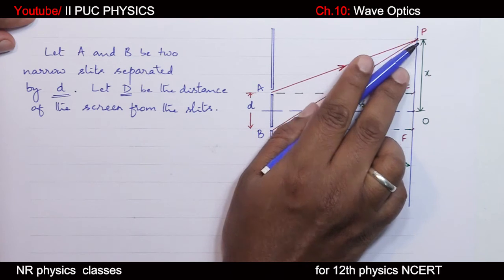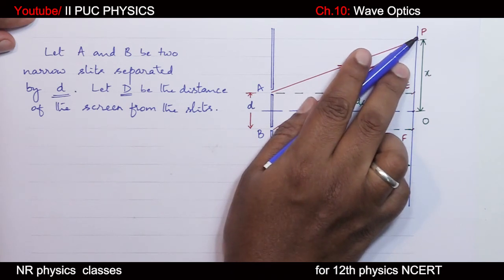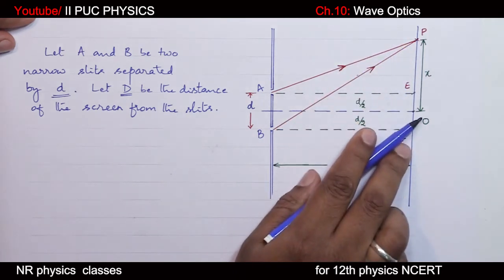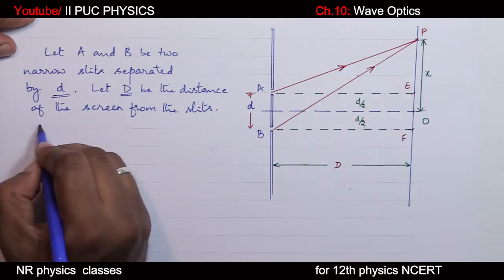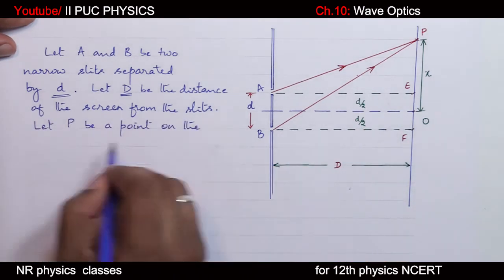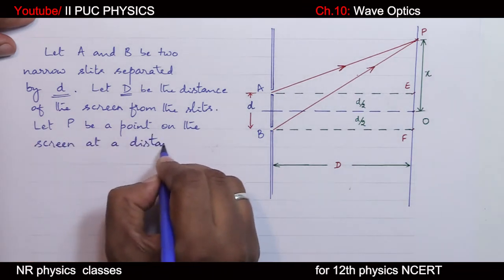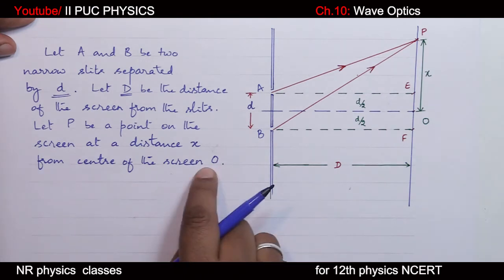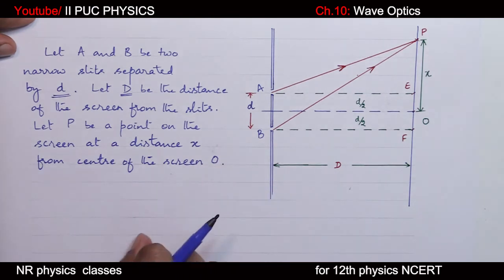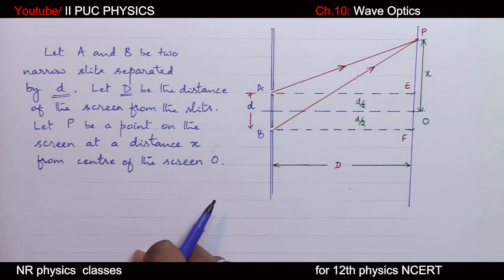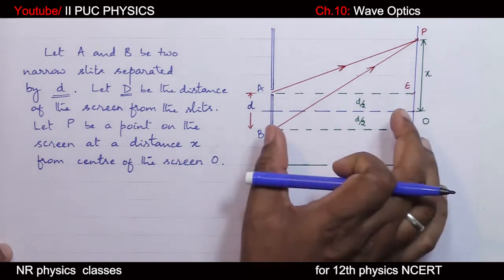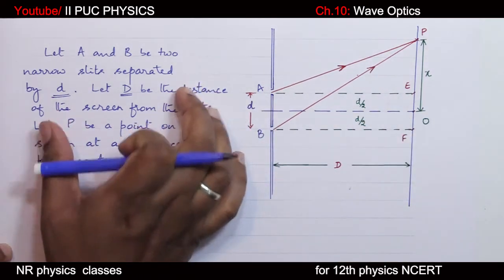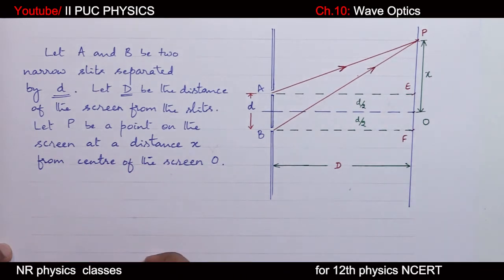Let P be a point on the screen at a distance x from the center of the screen, O. Students, copy the diagram and these statements and let us continue with the derivation.